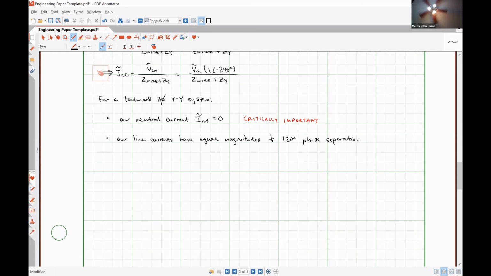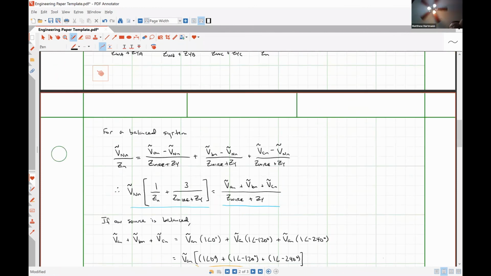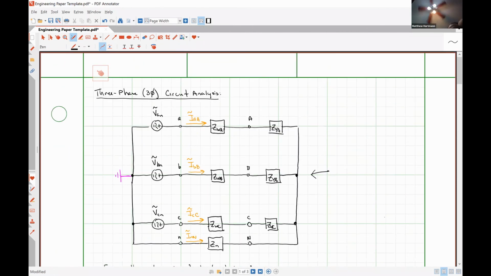What this means is that if we know one line current, we know all three line currents because we simply need to shift whichever one we know by 120 degrees to get the other two. Let's look at this system here, right?